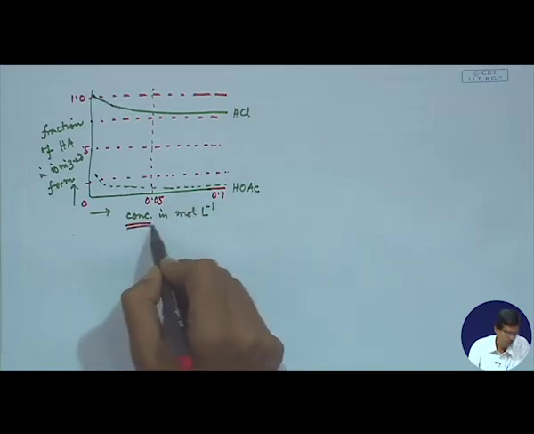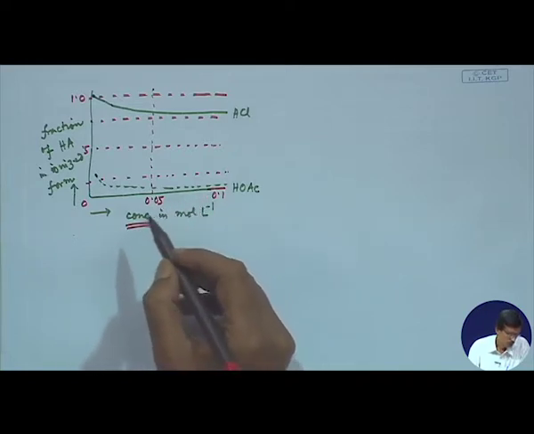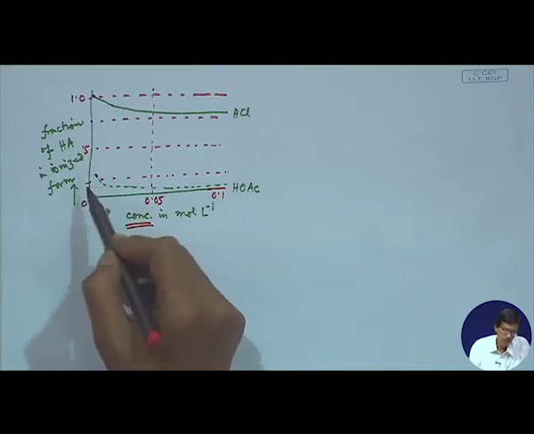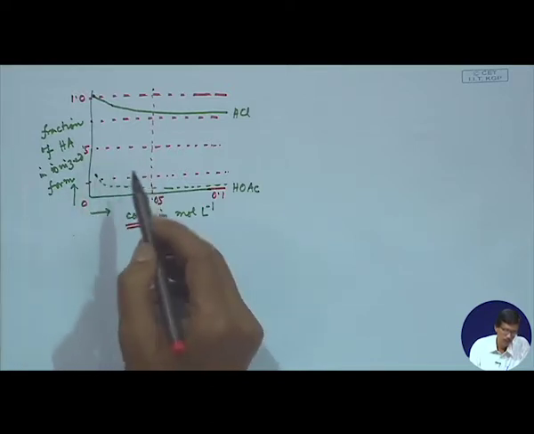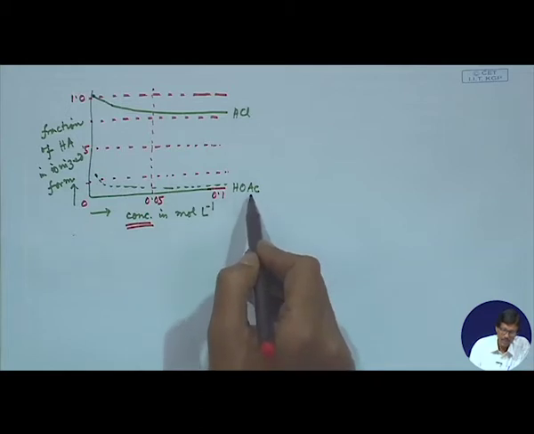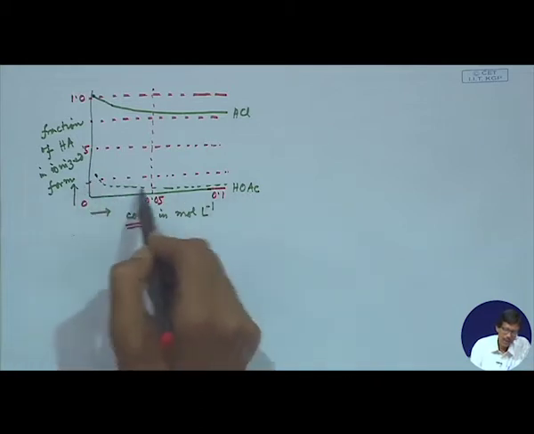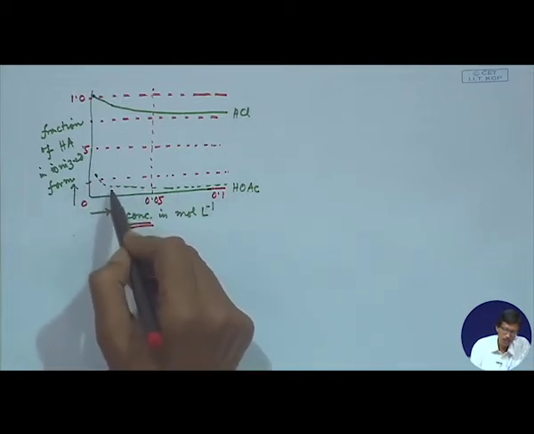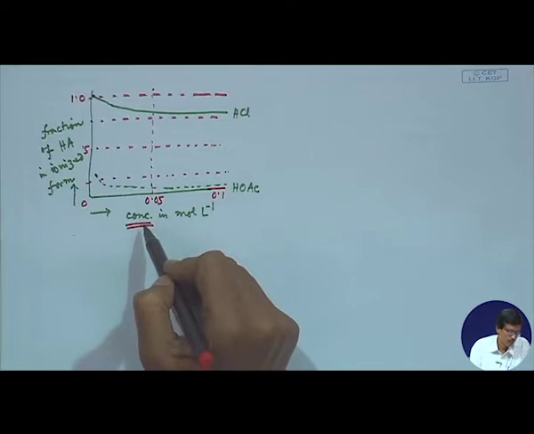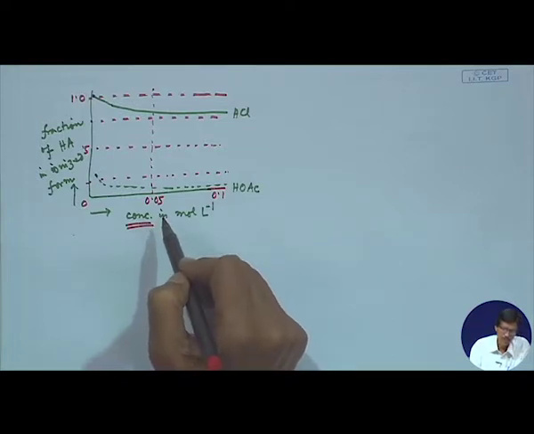It goes up to about 0.25, so we see 25% dissociation of acetic acid only at the lower range, and otherwise it decreases towards the higher concentration range. So, this particular concentration range is important.